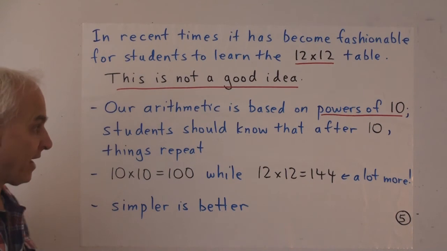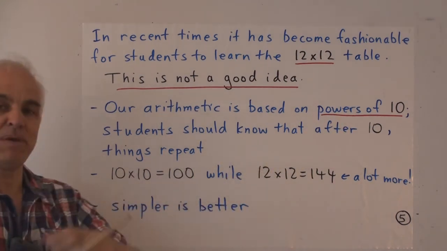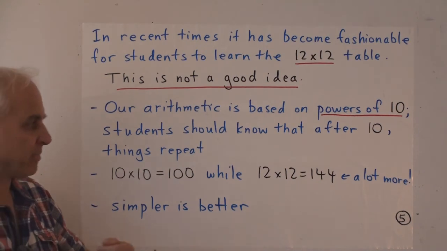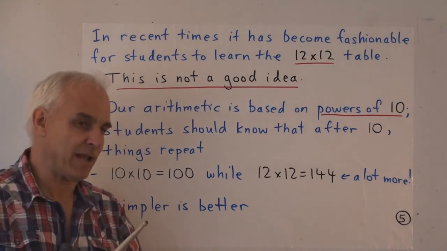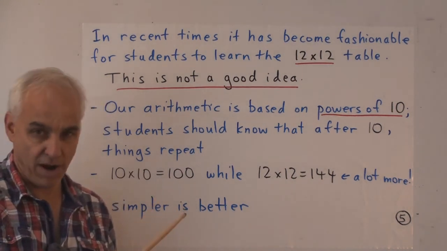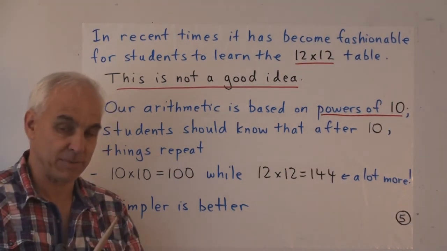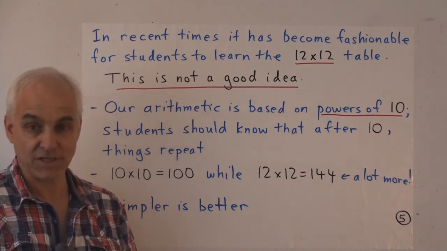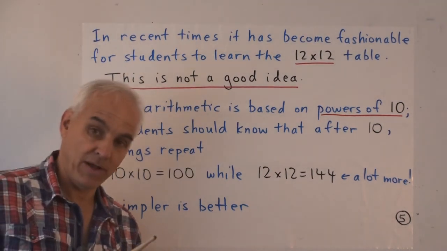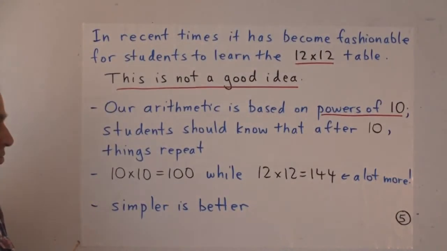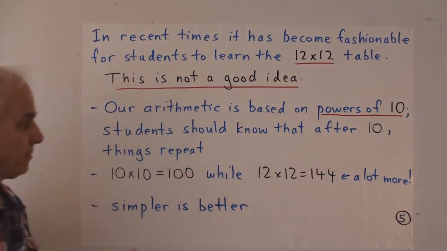Eventually they learn that after 10, things repeat in some sense. So learning the multiplication table with 11 is a lot like learning the multiplication table with 1. And learning the multiplication table with 12 is a lot like learning the multiplication table with 2. Actually, it's a combination of the table with 2 and the table with 10. It's not necessary or desirable for students to learn the 12 by 12 table.